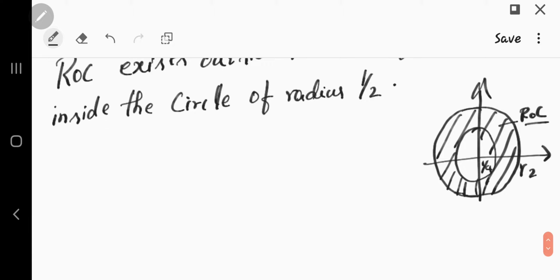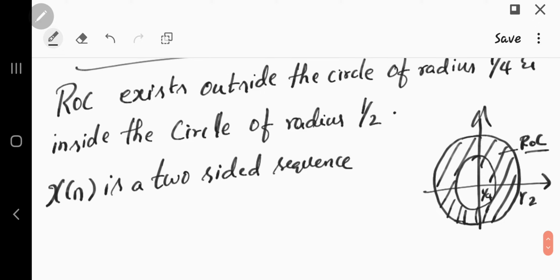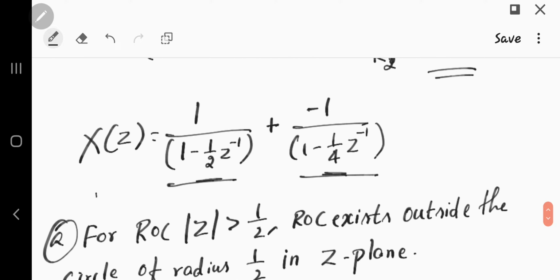So the conclusion is, whatever the sequence, x of n is a two-sided sequence. That means it includes both positive time sequence as well as negative time sequence. Now which one is positive and which one is negative? We have two factors there. If you observe, the ROC is greater than 1 by 4 and less than 1 by 2.